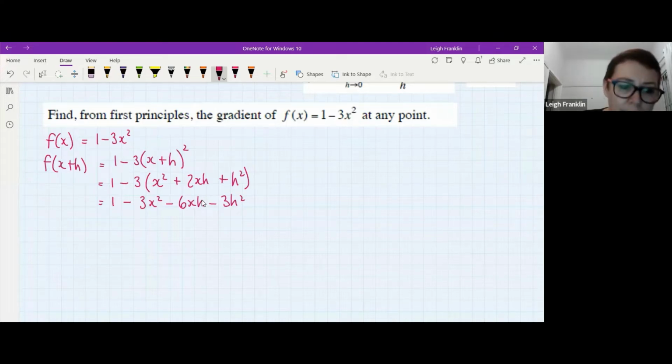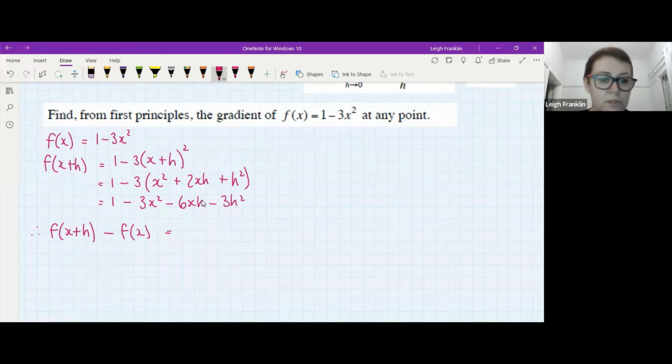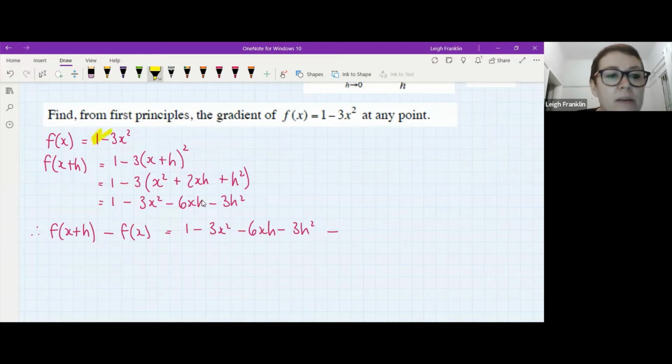Then, in my opinion, the easiest thing for you to do next is to say f of x plus h minus f of x equals 1 minus 3x squared minus 6xh minus 3h squared minus. Now, you can put f of x in brackets, but if you want to save a little bit of time, and f of x is a binomial, which it normally is, you can just change the signs.